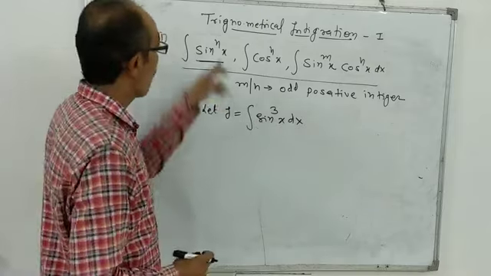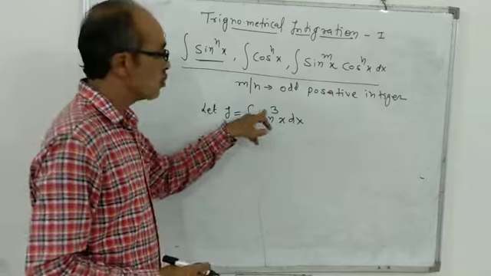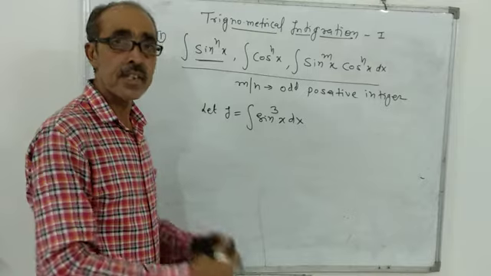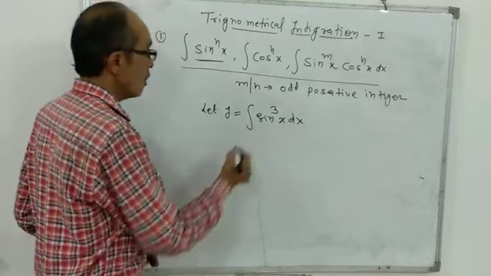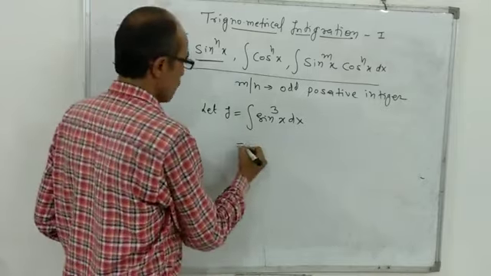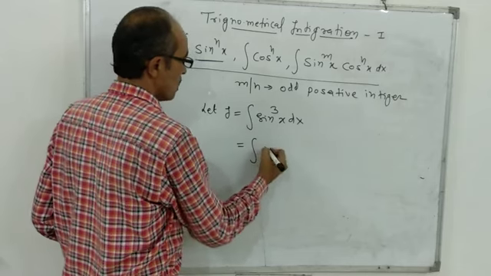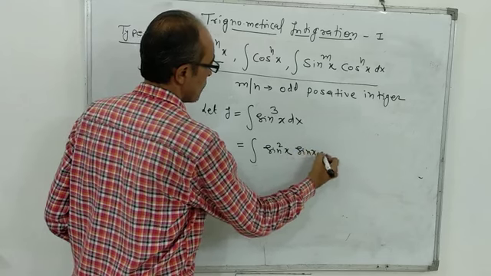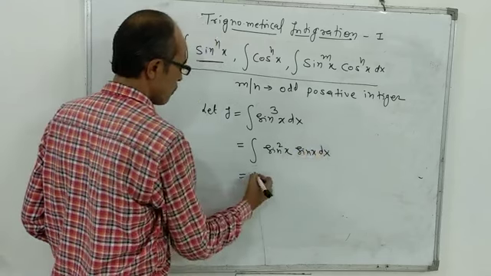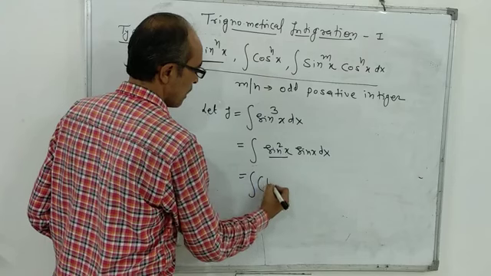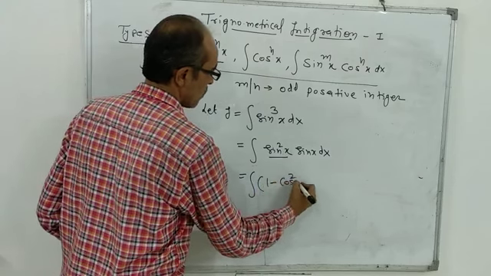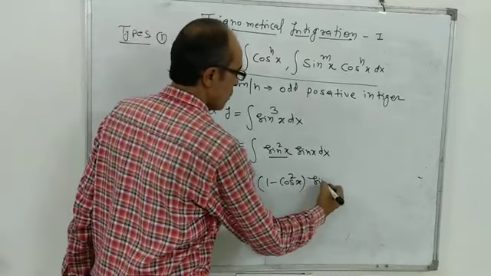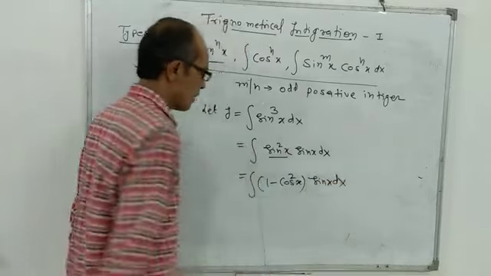But if the power of sine and cos is higher, then we use this method of distributing into even and odd functions. Sine cube is written as sin square x times sin x dx, and sin square can be written as 1 minus cos square by trigonometrical identities, and the multiple is sin x dx.